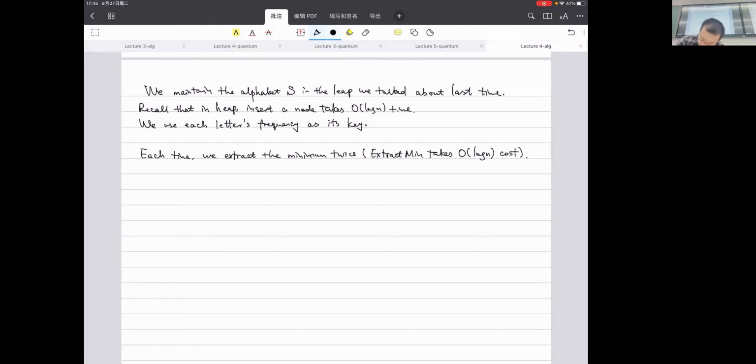And after that, we need to put something back. So basically we insert a new letter whose key is the sum of these two lowest frequency letters.